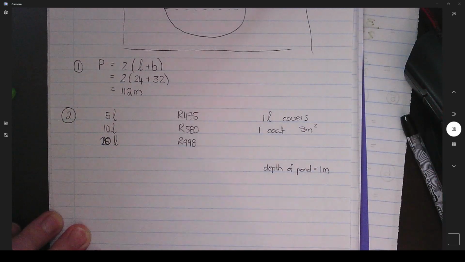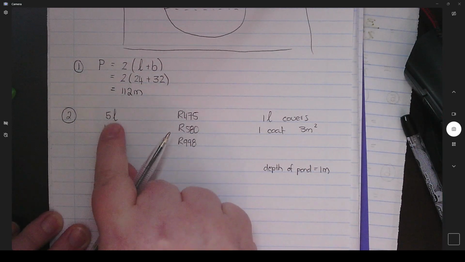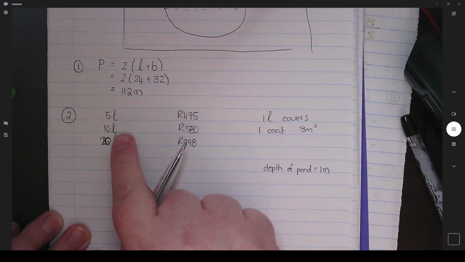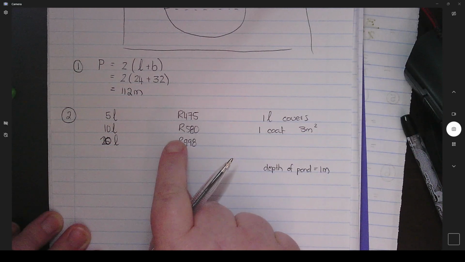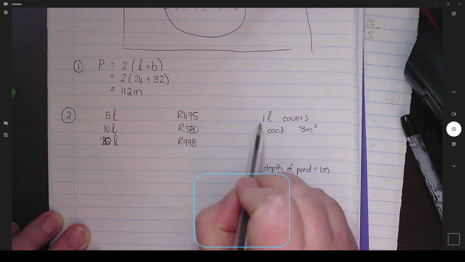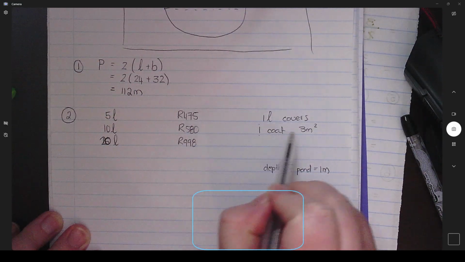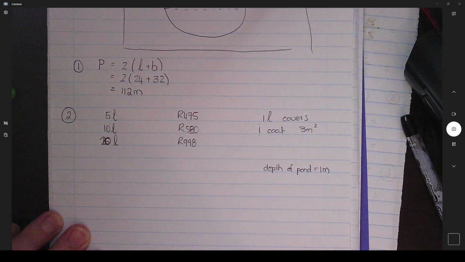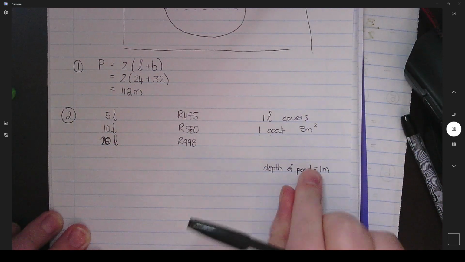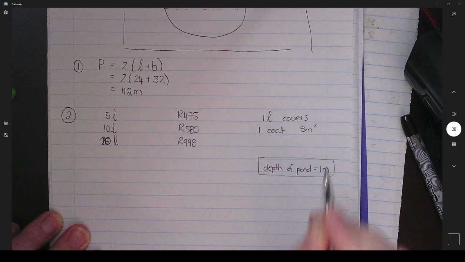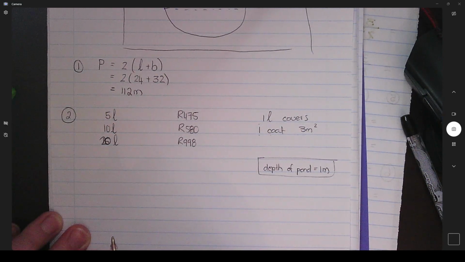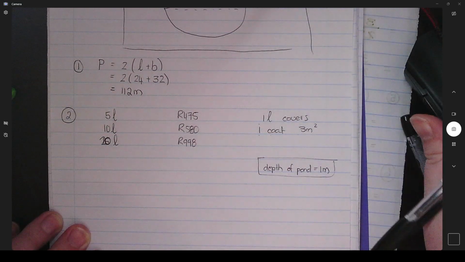Alright, in the next question they tell you that 5 liters costs this much, 10 liters of paint costs this much, and 20 liters of paint costs this much. They tell you that 1 liter of paint covers 1 coat for 3 square meters. I am assuming that the depth of the pond is 1 meter because I'm not seeing that in the question, but they must give that to you in the question.